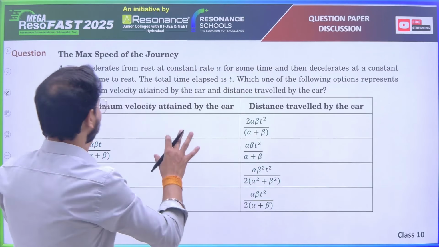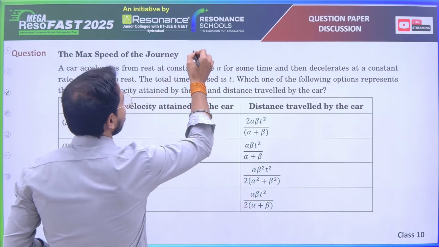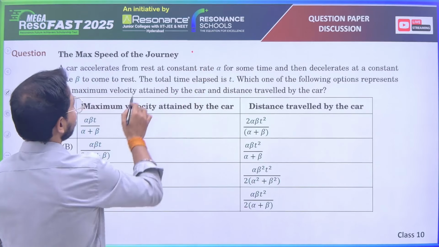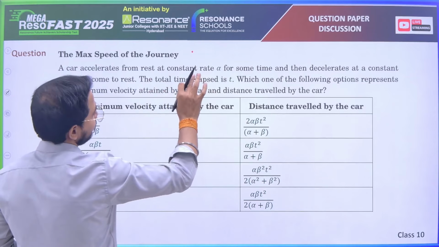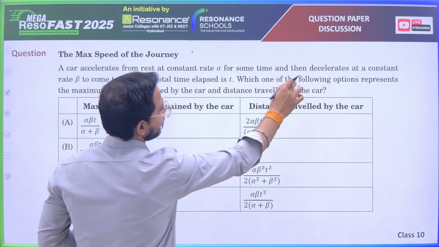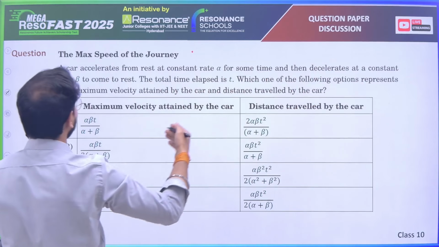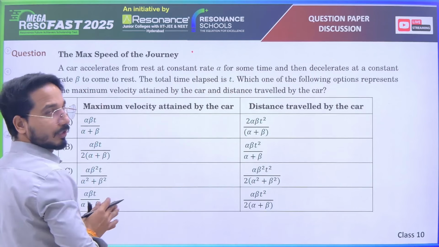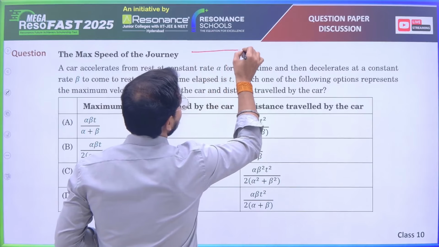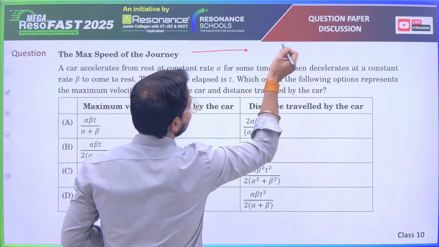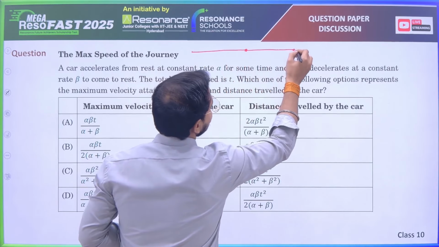So as per the question, the car starts from rest with acceleration alpha for some time and then decelerates at a constant rate beta, and finally comes to rest.